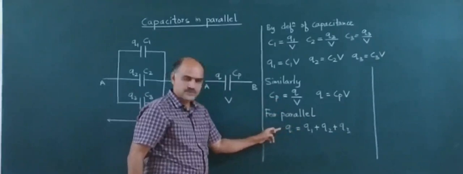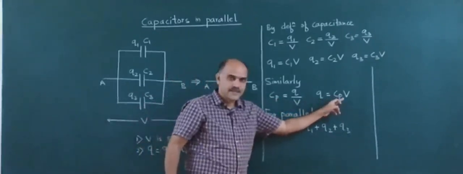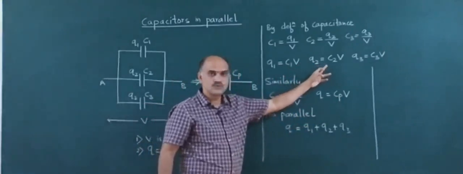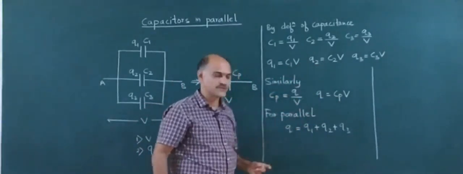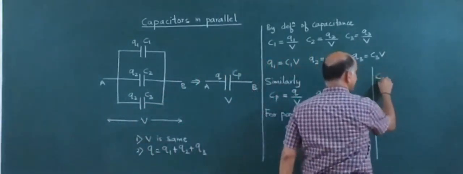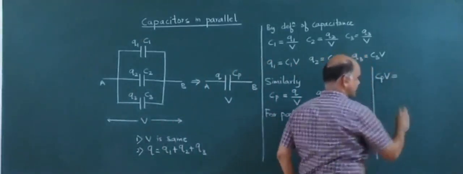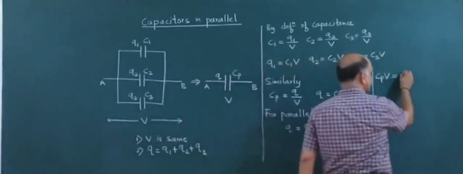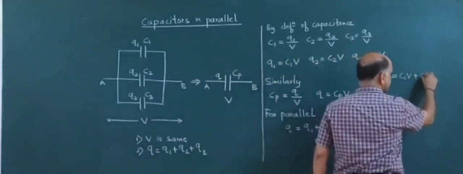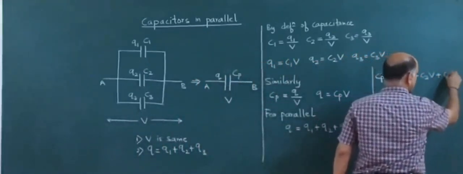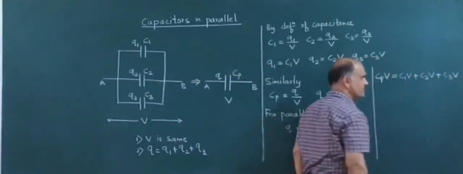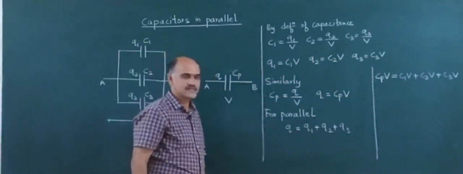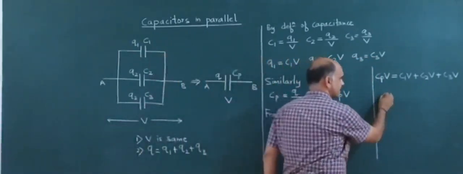Now I will substitute. Q is Cp into V, Q1 is C1 into V, Q2 is C2 into V, and Q3 is C3 into V. So Cp into V is equal to C1 into V plus C2 into V plus C3 into V. On both sides I can take V as common, so it gets cancelled.